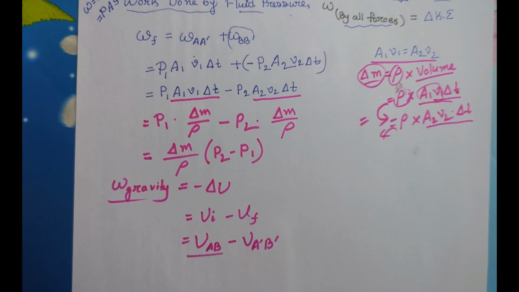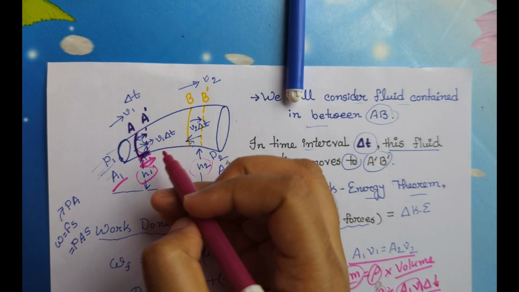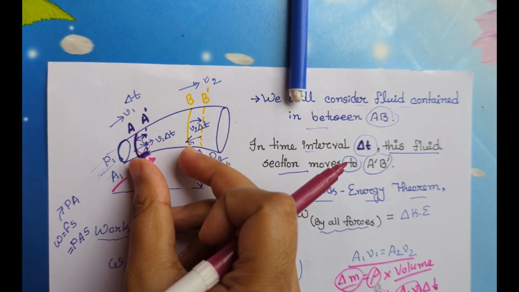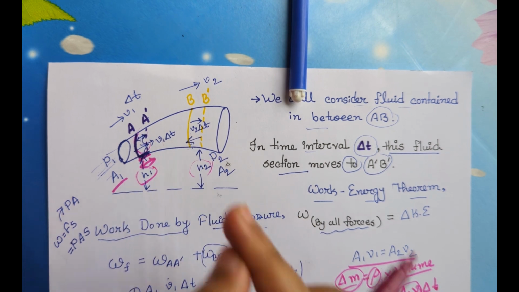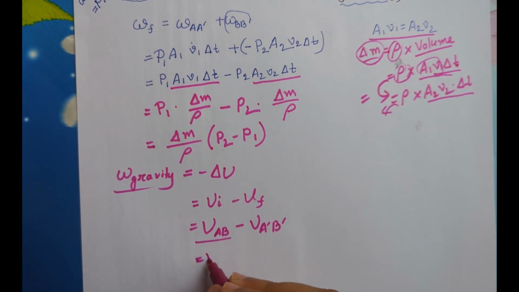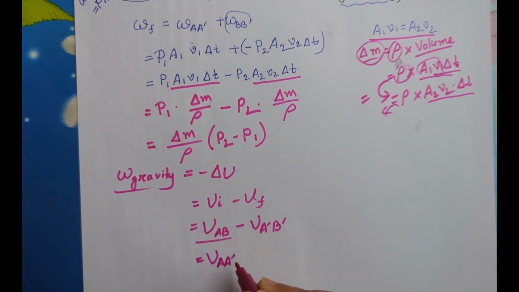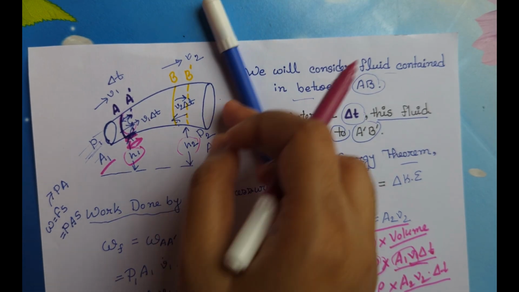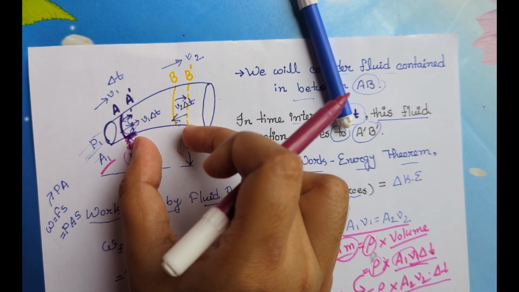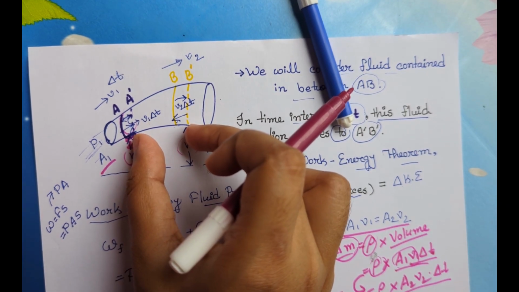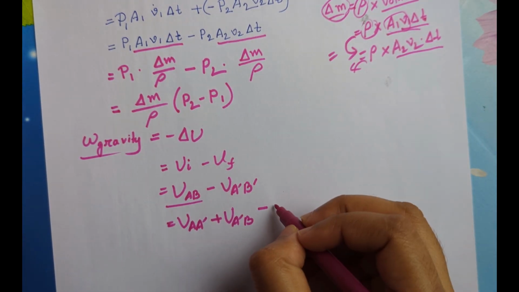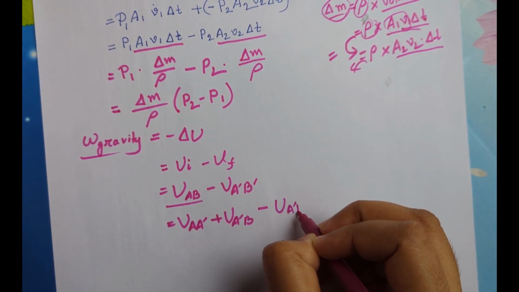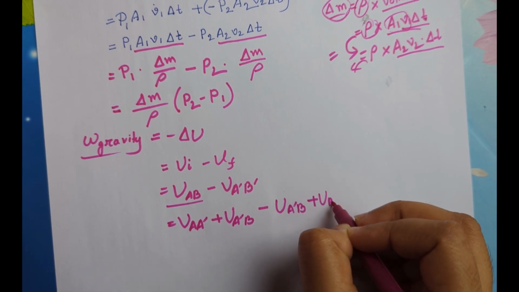Now let's further break down this U of AB. If you notice, there are two portions, A to A prime, then A prime to B. So we can write U of AB as U of A A prime plus U of A prime B. And U of A prime B prime means this portion, which can also be divided into two portions, U of A prime B and U of B B prime.